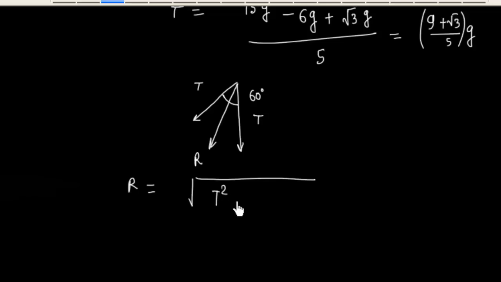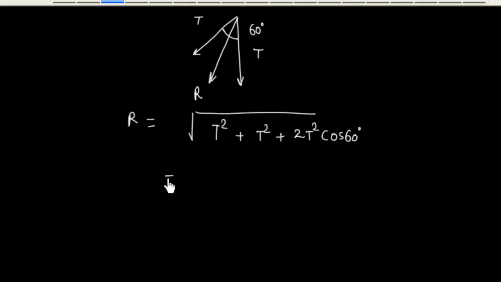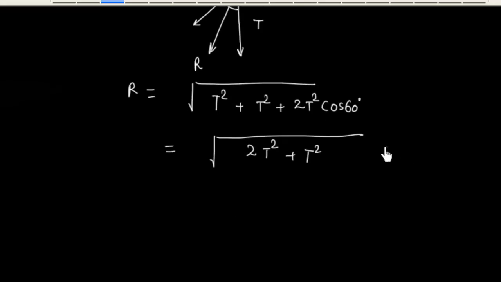So that is T square plus T square plus 2T1 T2, that is 2T square cos 60 degree in this case. So this is 2T square plus cos 60 is 1 by 2, cos 60 is 1 by 2, so 2 cancels out, so this is simply root 3t.